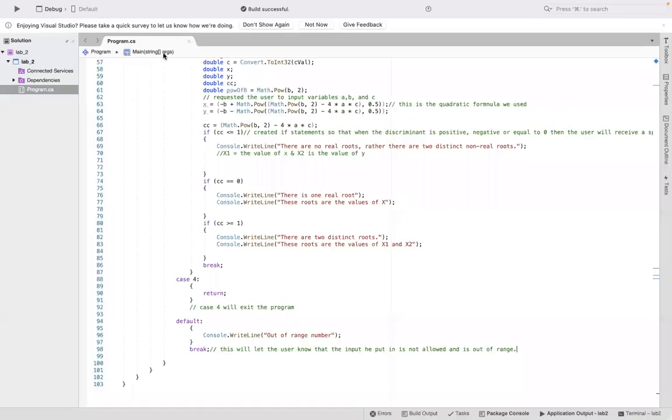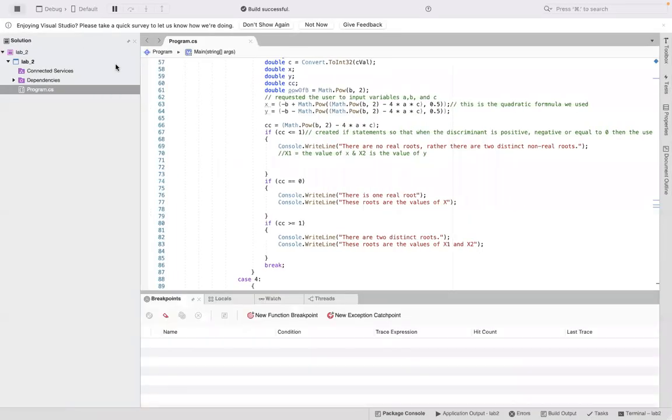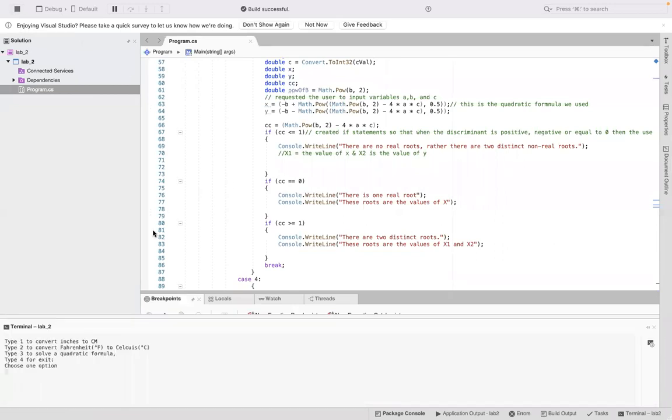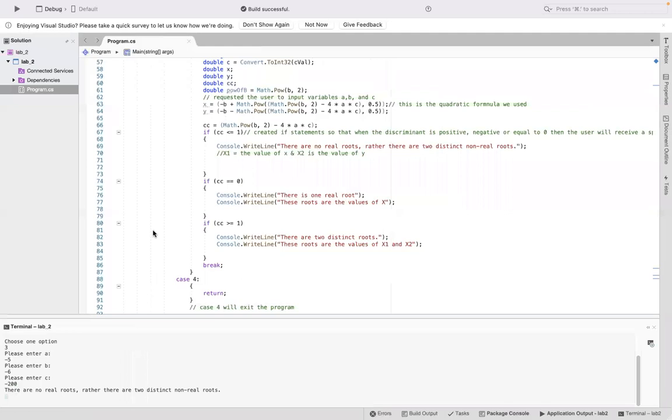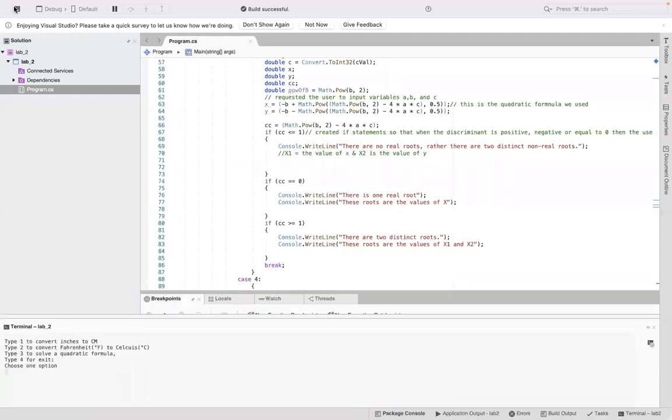Yeah, so say if we use a different number, maybe we'll try negative numbers. -5, -6. Okay, so again it says no real roots, so we'll try maybe high positive numbers.